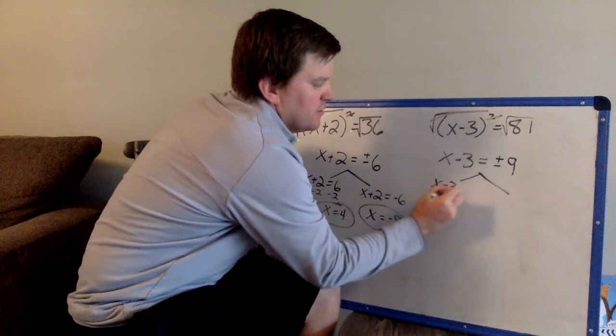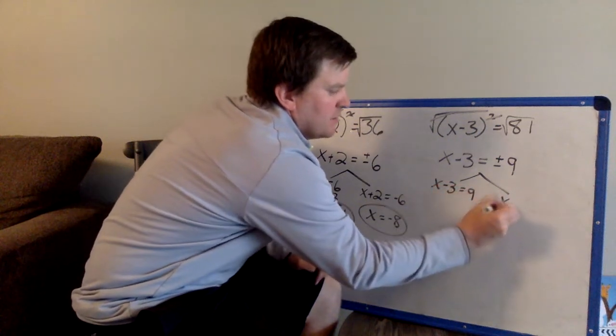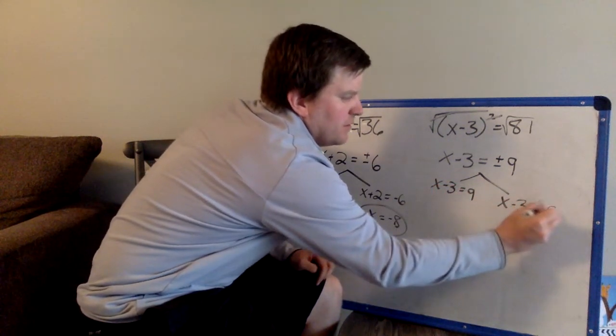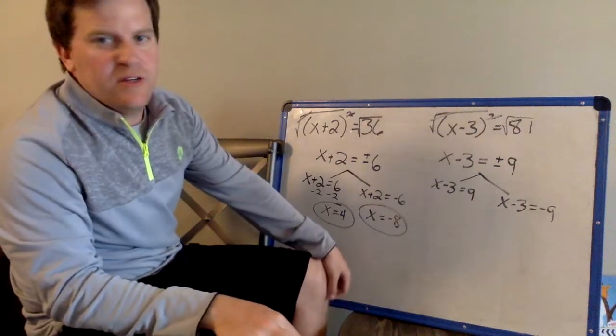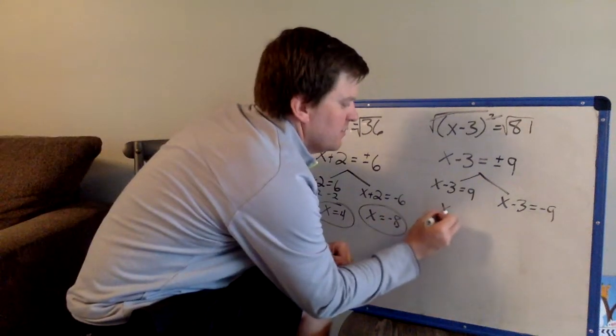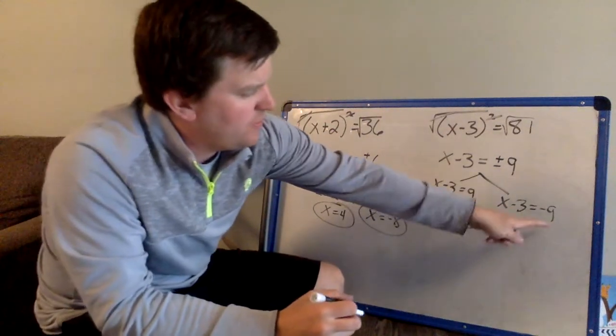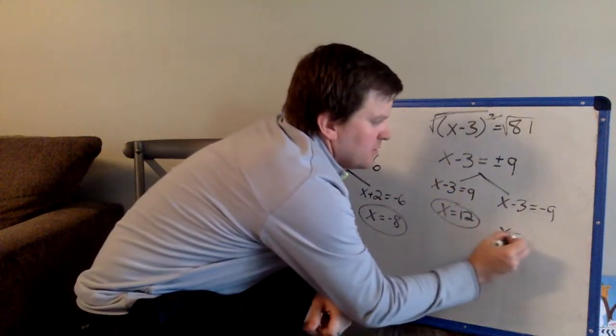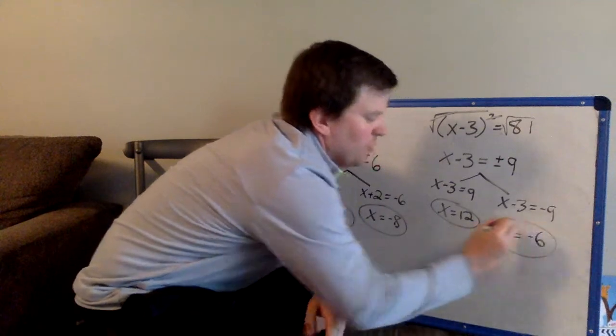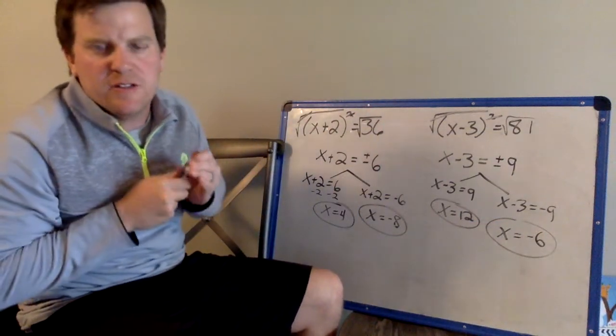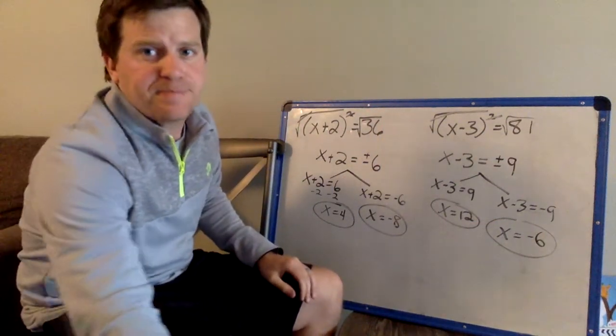So we have x minus 3 equals positive 9, and x minus 3 equals negative 9. And simple one-step equations, add 3 to both sides, we get x equals 12. That's one of our possible solutions. The other one, if we add 3, we get x equals negative 6. Both of those answers, if we were to plug them in for x, would work.